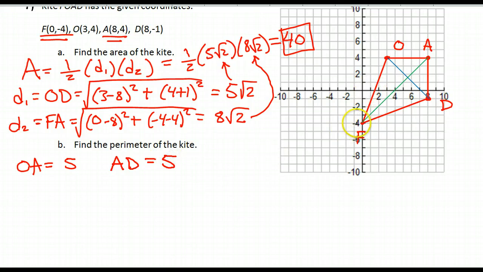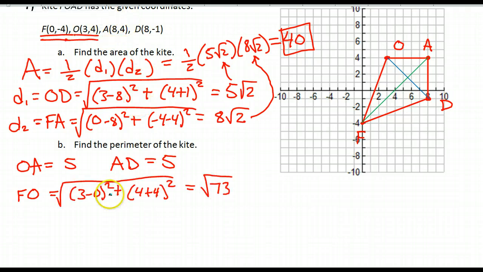So we just need FO and FD. That's all we need. Okay, so FO, and again I'm just going to do the distance formula. So if you do the calculations using point F and point O, you get that length is radical 73. Again, I could save myself a little time.